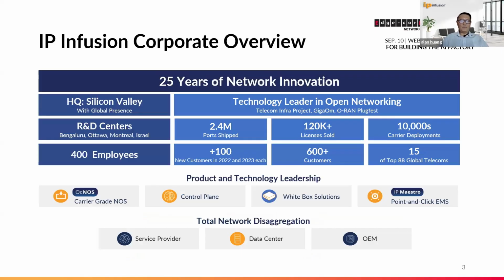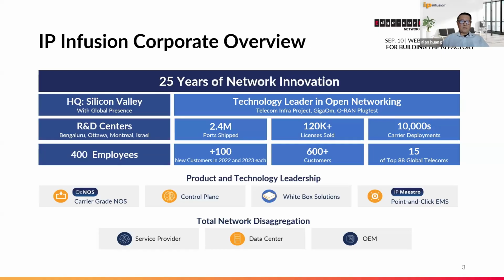So for those not familiar with IP Infusion, we've been in the networking software business for 25 years. We began by providing protocol modules in source code format, and for more than a decade now, have delivered a full-featured commercial networking OS in binary form, running on white box switching and routing hardware such as the Edgecore ones.